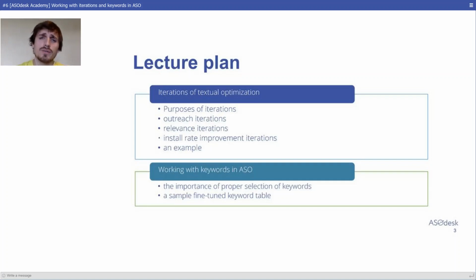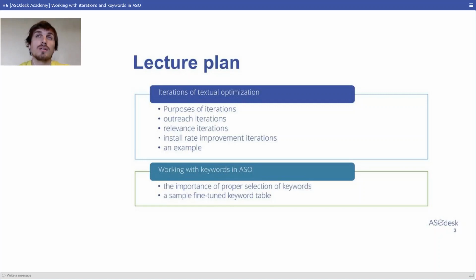We'll talk about the outreach iteration, the relevance iteration, and the most important type, the install rate improvement iterations, which are basically iterations which must drive new installs to your app. And we'll work a bit again in the ASOdesk console.